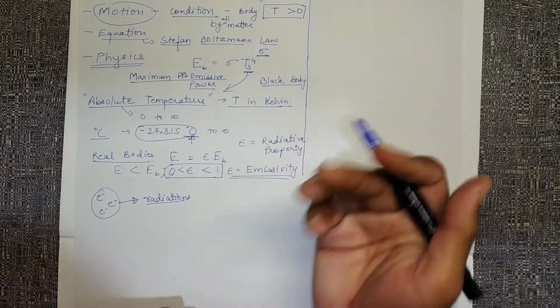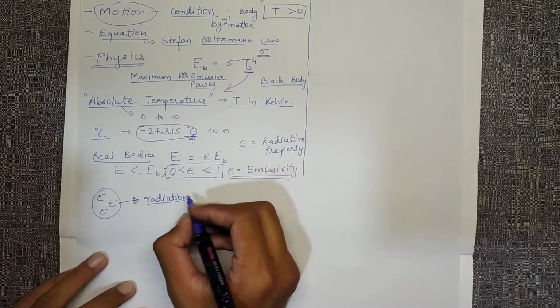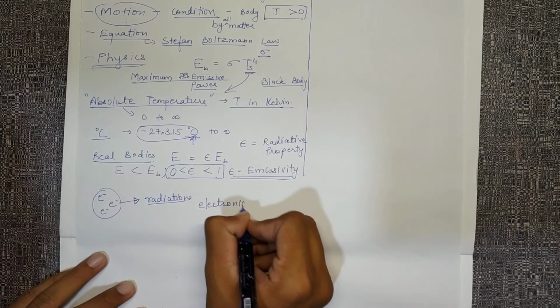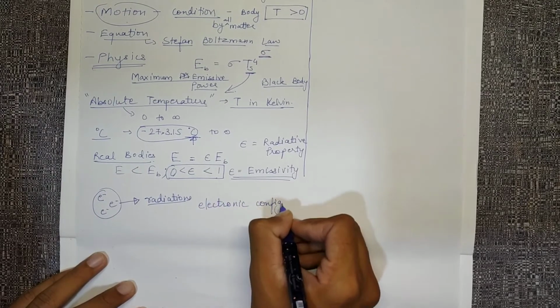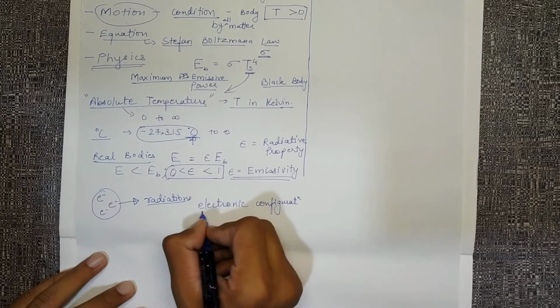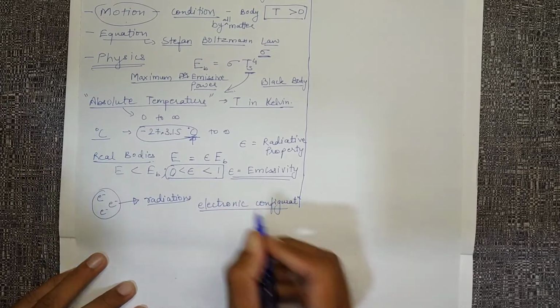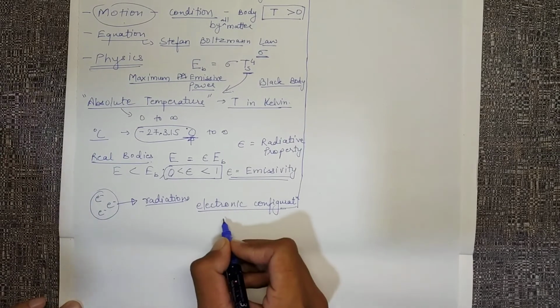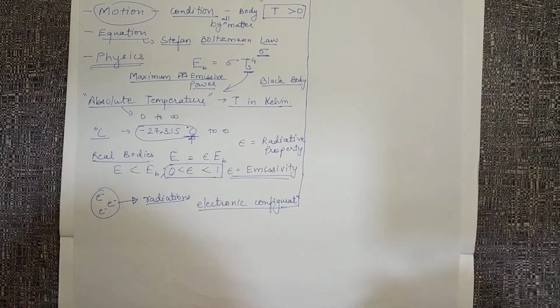As and when they emit radiation, there is a change in the electronic configuration of the atom. That's how the atom loses energy, and that's how the material loses energy.